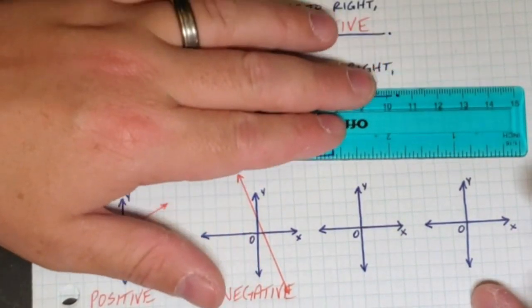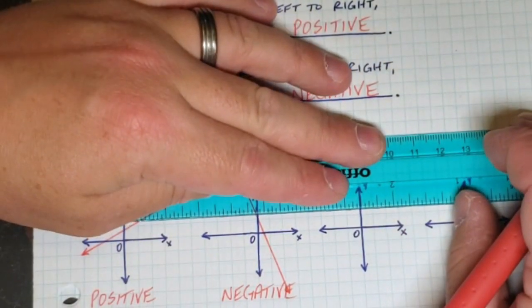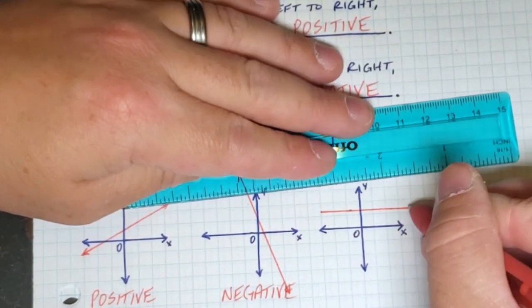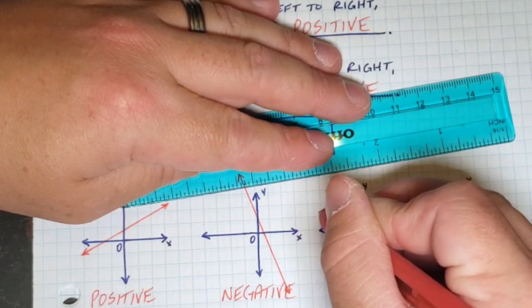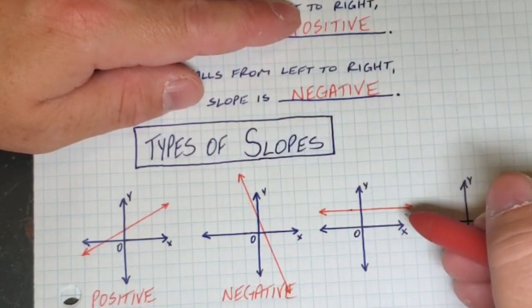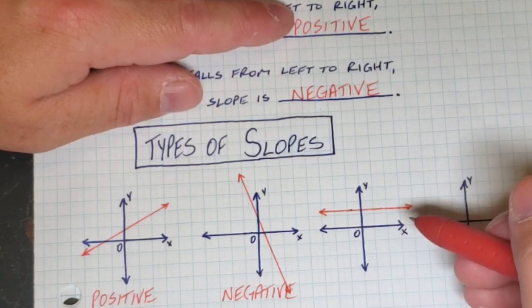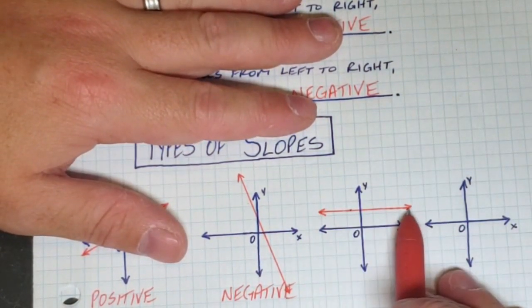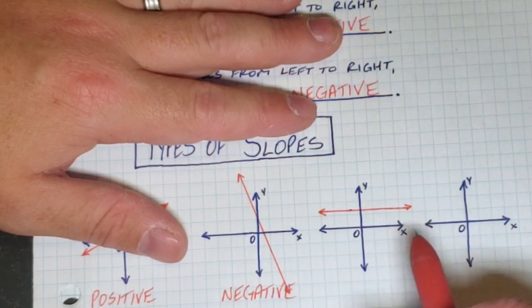Well, what if we had a line that was parallel to the x-axis? If you were on a road that looked like this, and I asked you, what is the slope of the road that you're on? Well, this road is not going up or down, right?